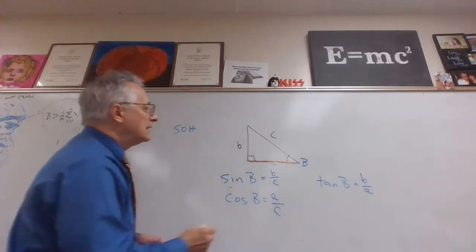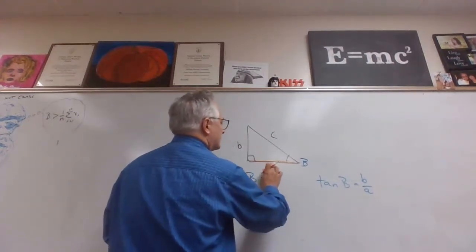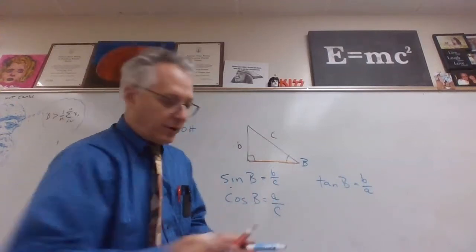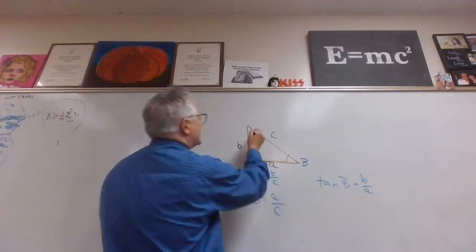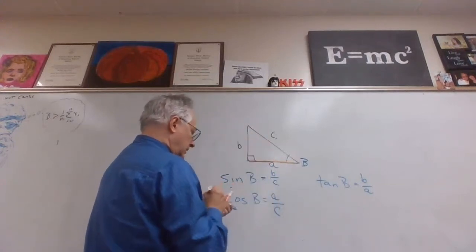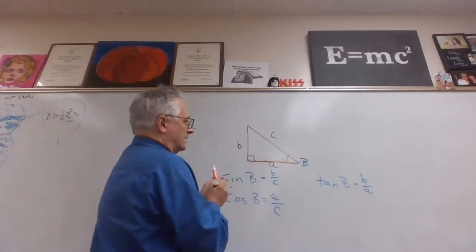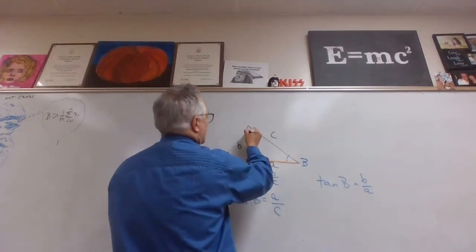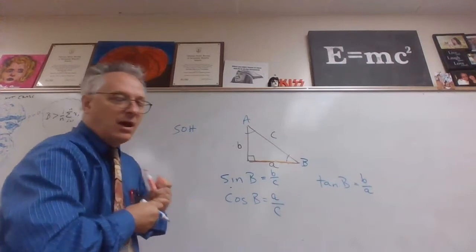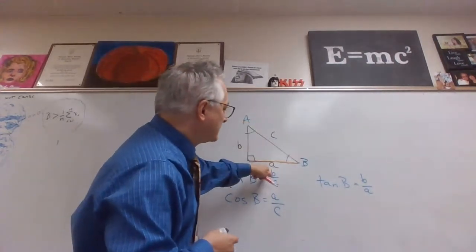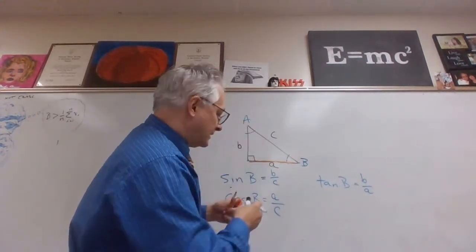Now, let's go ahead. First of all, let me relabel that with a black marker so we're consistent. Let's look at the other angle in this triangle, angle A. Now, angle A also has an opposite side and an adjacent side.